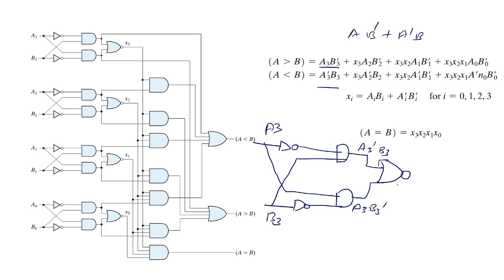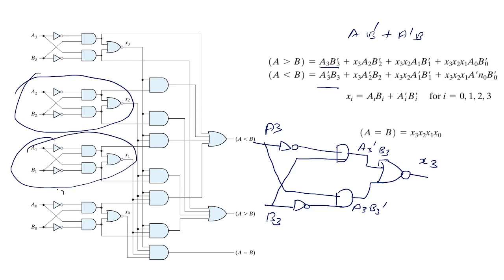If I invert it, it will become XNOR. So the XNOR operation output will be X3. This particular picture will be repeated multiple times here. I can name it as X3, X2, X1 and X0. Everywhere the input will be A3, B3, next A2, B2, next A1, B1, next A0, B0.